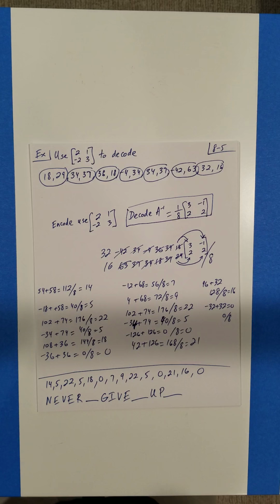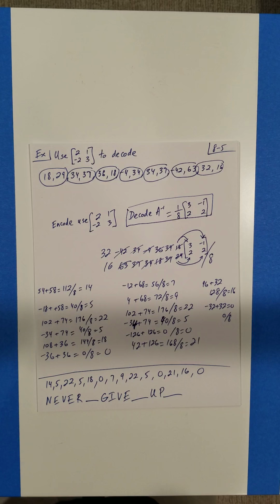Multiply in: 102 plus 74, 176 divided by 8 again is 22. Multiply in, I get negative 34 plus 74, so I'm going to get 40. Divide by 8, the answer is 5. Now I'm done. Cross those out. Use my next two.